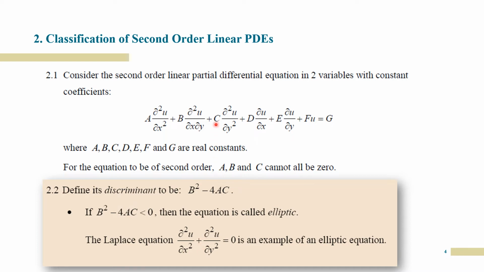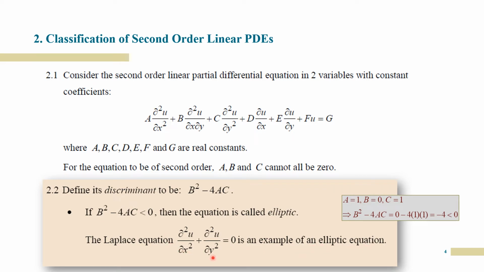C is the coefficient for ∂²u/∂y², and C in this given PDE is equal to 1. Now substitute A, B, and C into the formula of the discriminant, and you find that the result is −4, a value which is less than 0. Since the discriminant is less than 0, we conclude that this given PDE is classified as an elliptic equation.